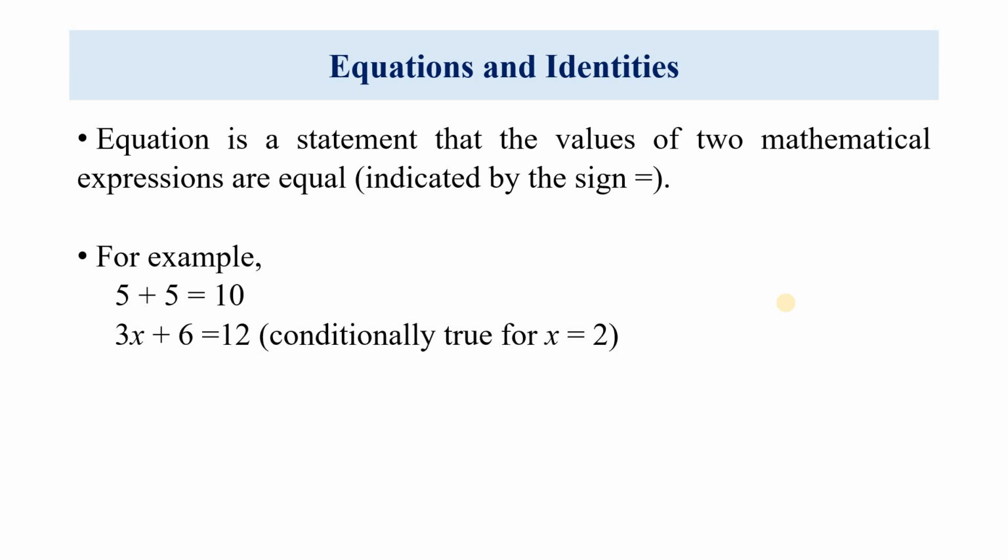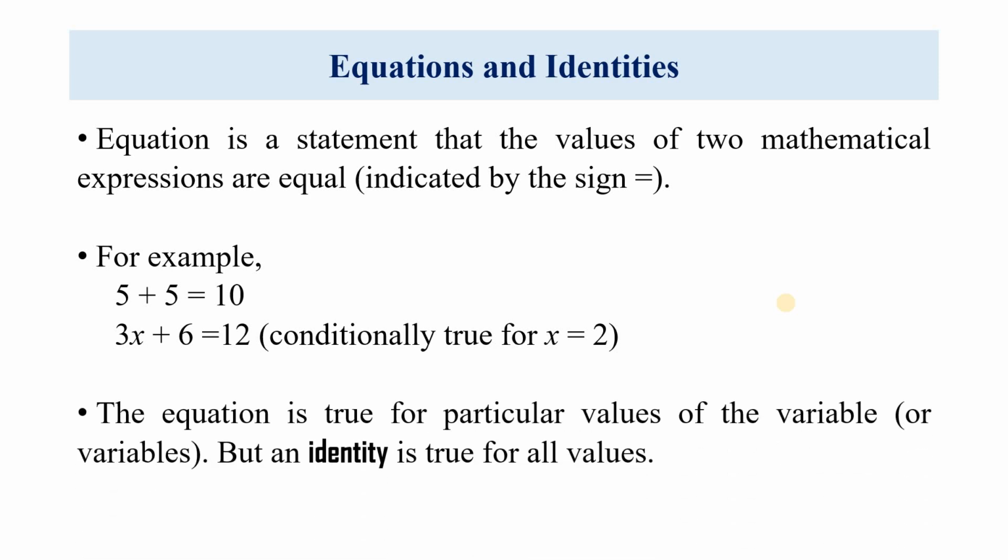So two mathematical expressions, when expressed as a single statement, is called an equation. 5 plus 5 equal to 10, and 3x plus 6 equal to 12, which is conditionally true for x equal to 2. If we put any other value of x here, it is no longer an equation, so in that case it is conditionally true. Again, the equation is true for particular values of the variable.